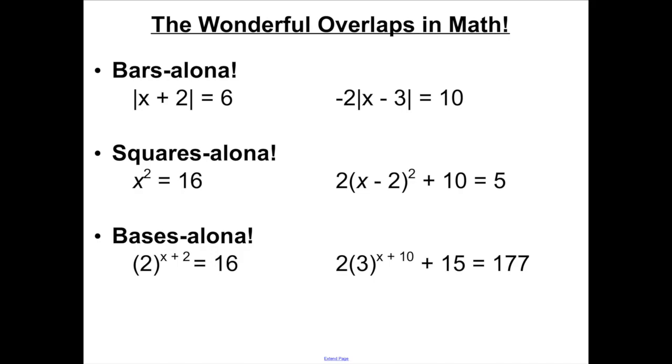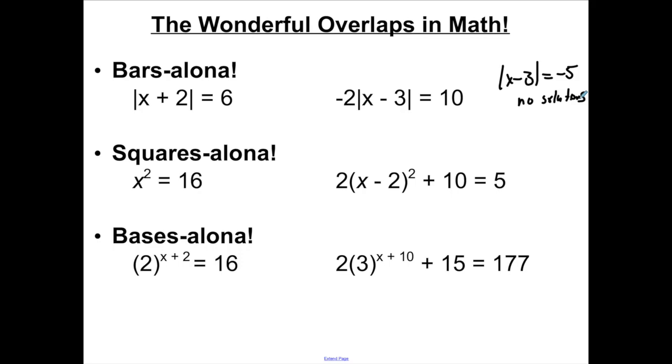Sometimes the bars are by themselves, such as in the absolute value of x plus 2 is equal to 6. Sometimes they weren't, and when they weren't, you'd have to divide by -2, and you get x plus 3 equals -5. At that point, you'd say no solution because you can't have a negative absolute value. Either the bars were alone or we got them alone.